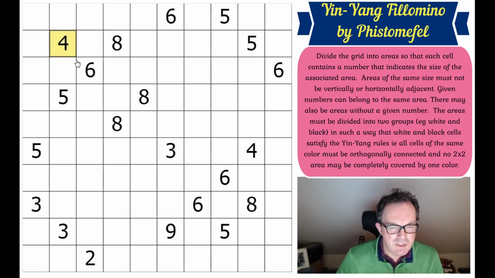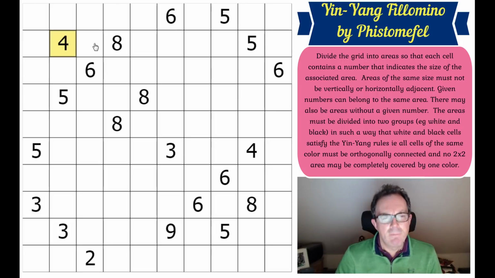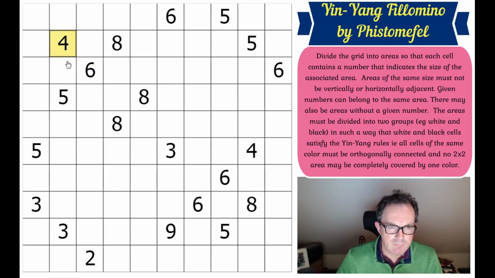Hang on, maybe actually I'm meant to start here. Hang on a moment. This 4 cannot hide in those 3 squares because it's of size 4. So this 4 has to hit the perimeter somewhere in here. I don't know where, but it must hit the perimeter.